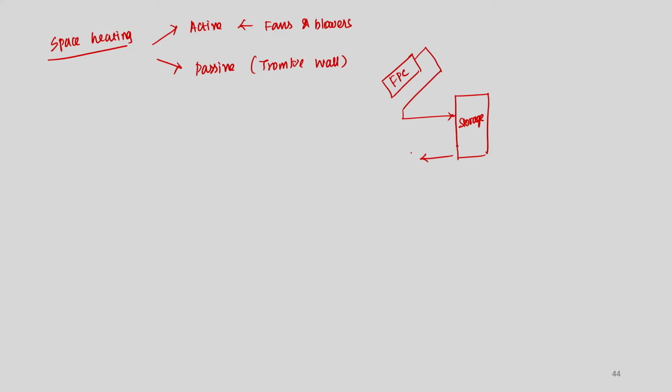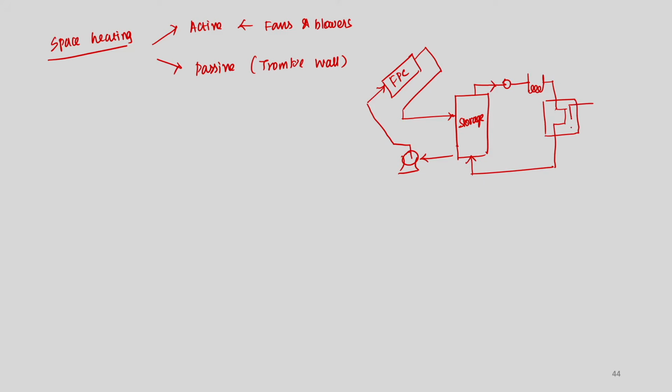From here it is taken using a pump, and goes to the FPC, and from here you can take it out, and if you want, you use an auxiliary heater, and then it goes to some heat exchanger, and goes back to the storage system.